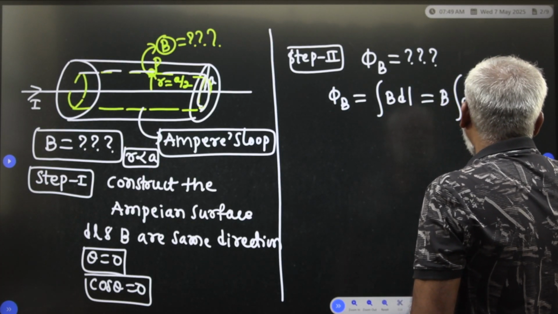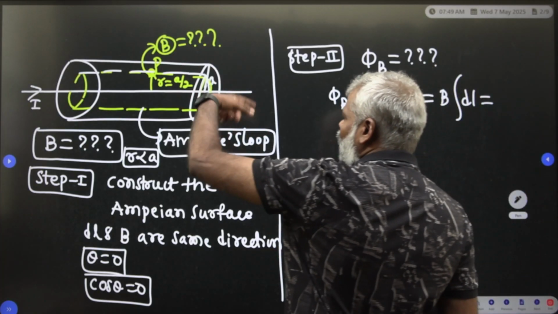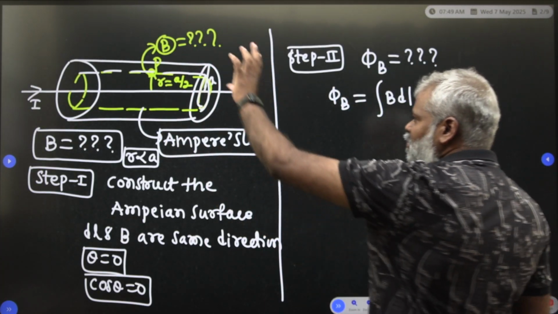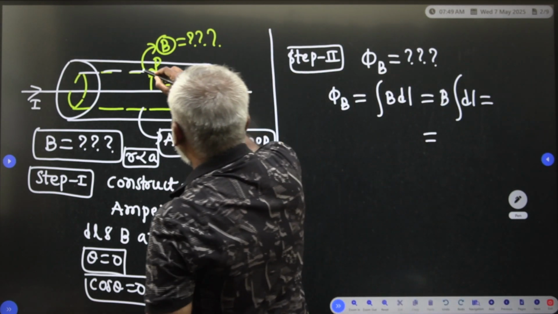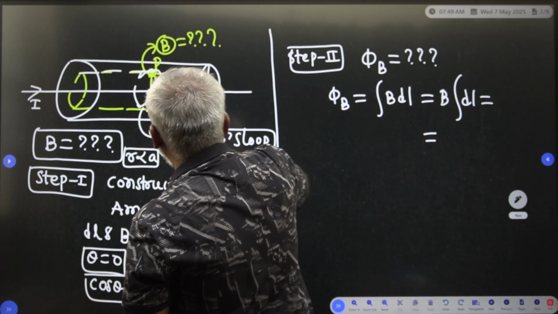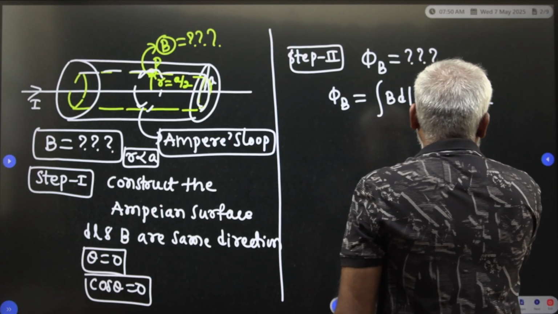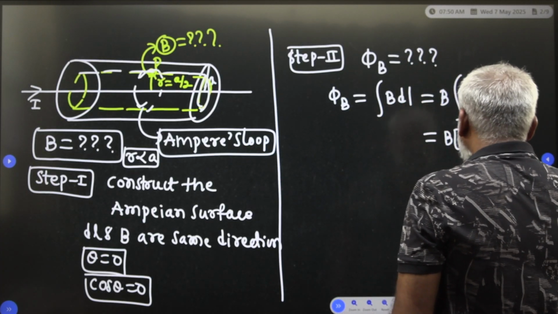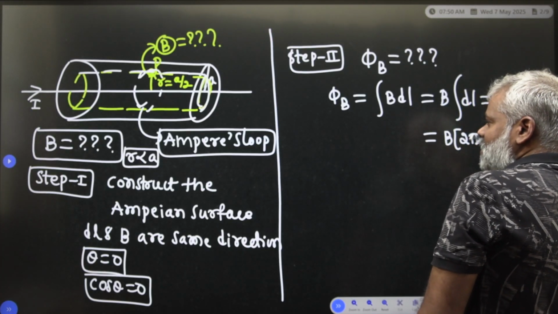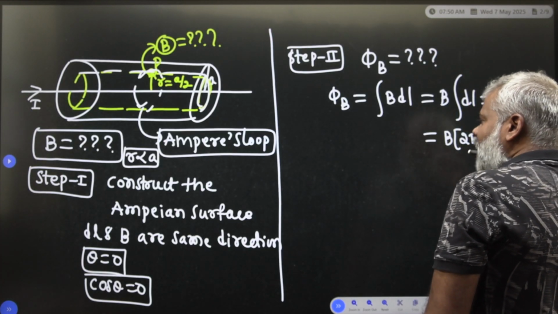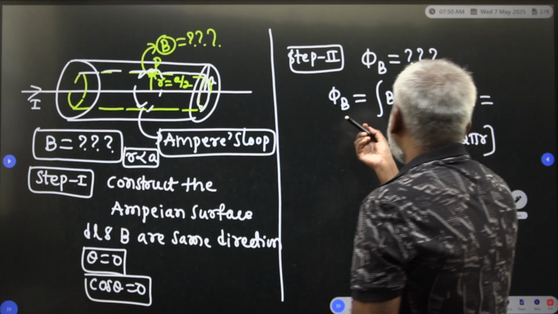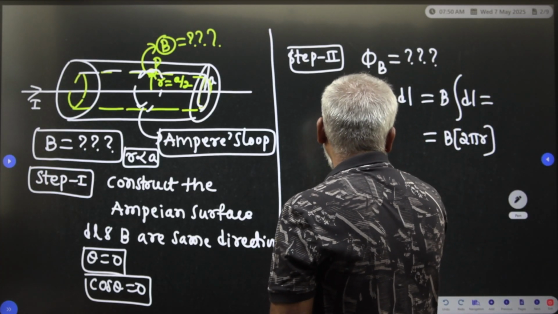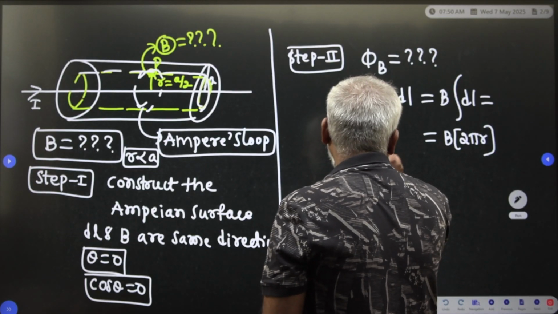So integral dl is the circumference of the Ampere's loop, B into 2 pi r. This is the magnetic flux value we have to write.